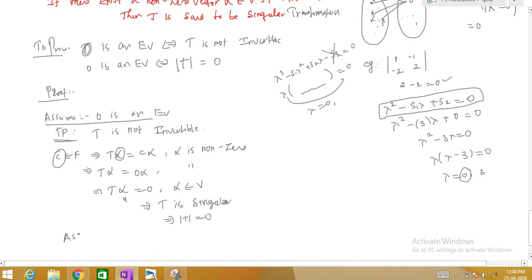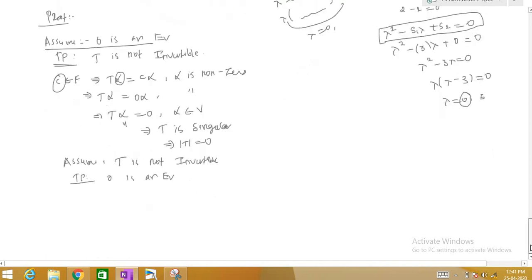Now we assume the converse part. So assume T is not invertible. T is not invertible. So what we have to prove? 0 is an eigenvalue. We have to prove that if this happens, then 0 is an eigenvalue. So what we assumed? T is not invertible.